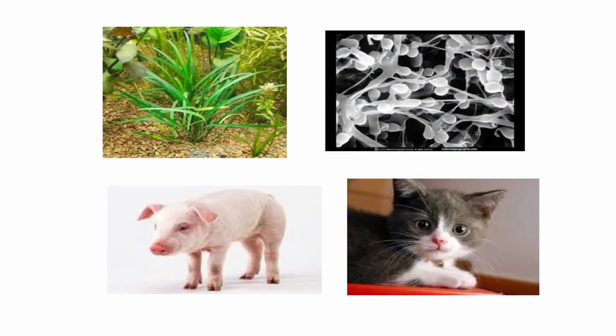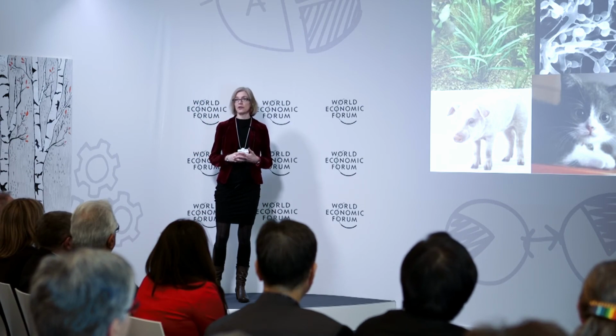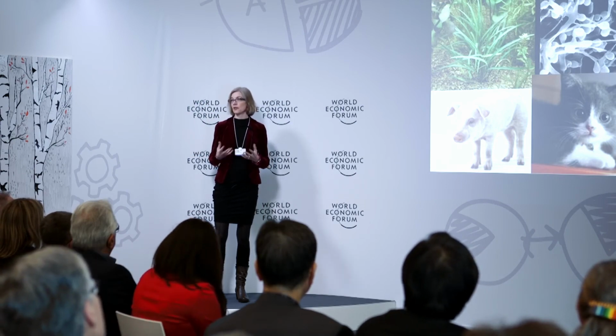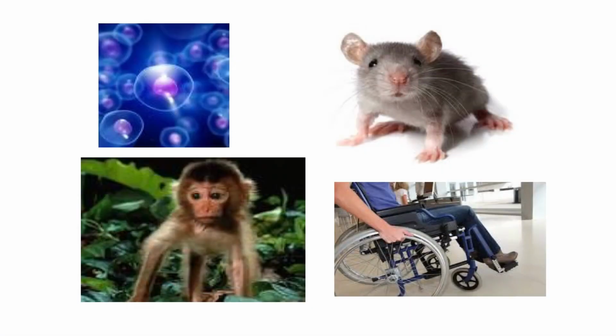Some of these include making targeted genetic changes in plants, in fungi, in animals that are important agriculturally, in animals that are important to us as pets, and also in thinking about human health, also to make changes in stem cells, which are cells that can give rise to new organs. Also to make changes in animals that are important as models of human disease, such as mice and monkeys.